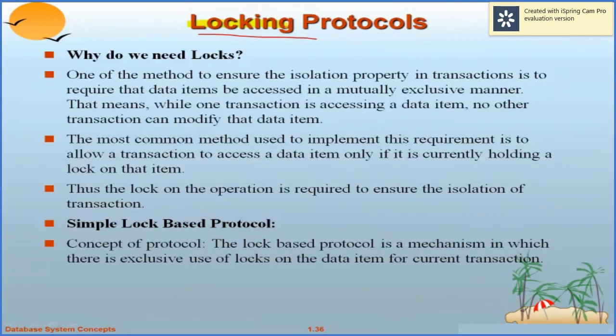This is something a little different, so try to understand. Take a data element, assume a data element X. This data element can be anything, a table or a file, whatever it is. Suppose I have locked this data element X.